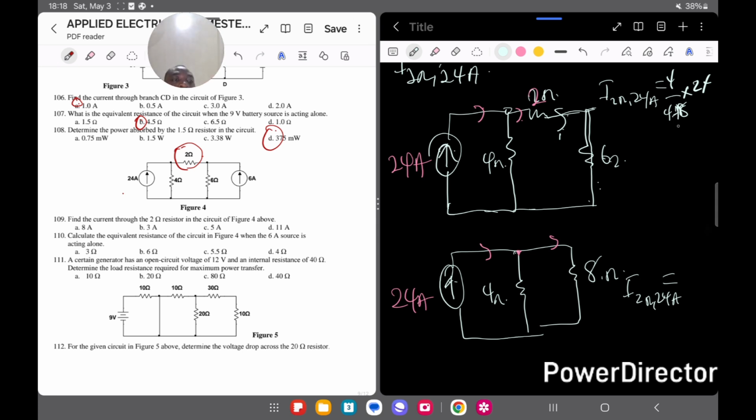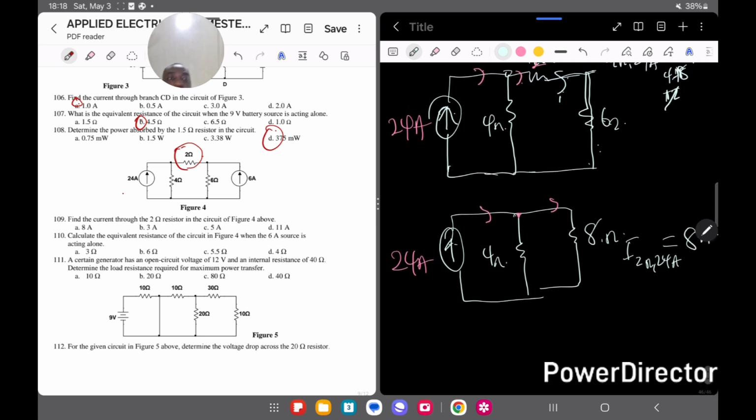So 4 plus 8 will give us 12, so this part is 12. And then here we get 2, so that will give us 8 amps. So this is for the 24 amps acting alone.